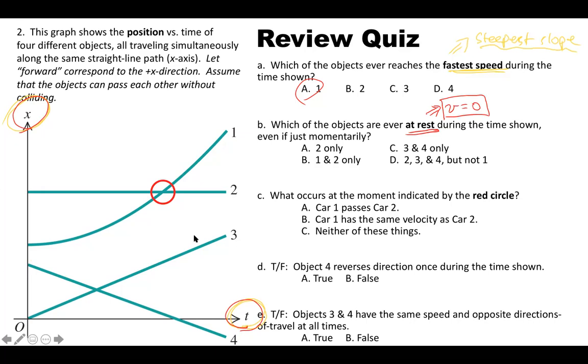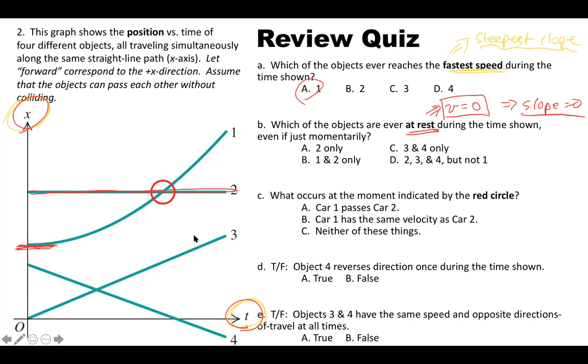Well, are there any points on this graph where the velocity is 0? That would mean that the slope would be equal to 0 for a position versus time graph. So yeah, it looks like for object 2, the slope is 0 the entire time. And for object 1, it looks like the slope starts out at 0 at the very beginning.